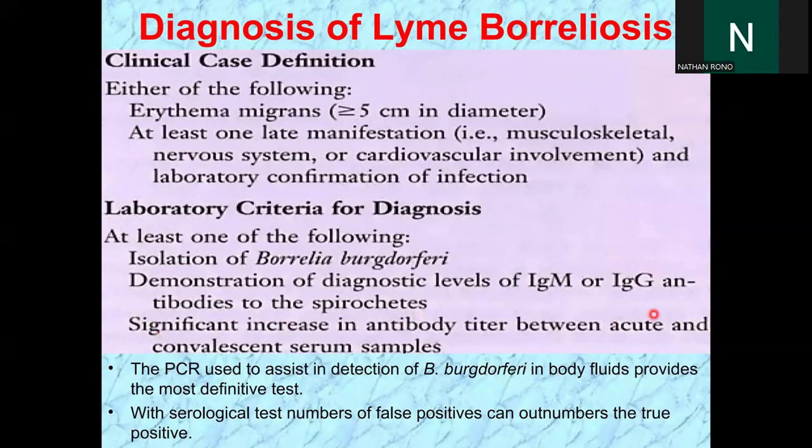Significant increase in antibody titers between acute and convalescent serum samples. PCR is used to assist in the detection of burgdorferi in body fluids, provides most definitive test. With serological tests, number of false positive can outnumber the true positive. So that's why we have to do dark field microscopy to visualize the spirochetes.